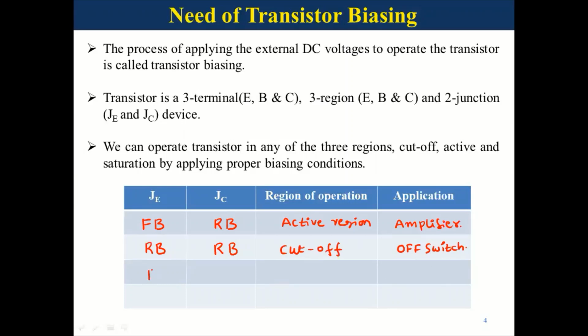If the emitter junction is forward biased, collector junction is also forward biased, then the transistor is said to be operated in saturation region. Then the transistor can be used as an on switch.